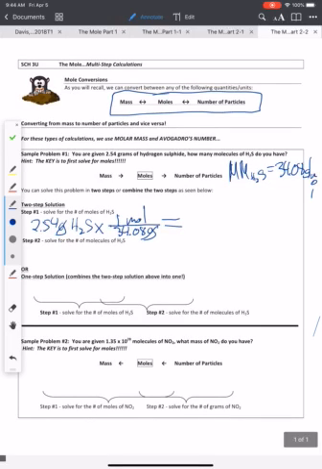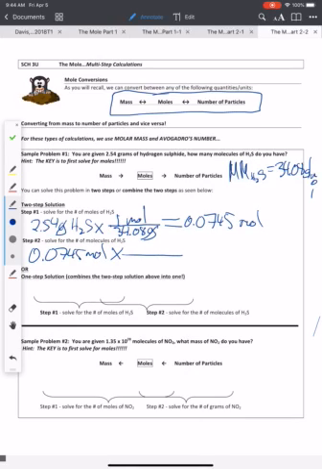Multiplying that out, we get roughly 0.0745 moles. Then we convert that into molecules using Avogadro's number: 6.02 times 10 to the power of 23 molecules over 1 mole. Our mole units cancel, and we get roughly 4.49 times 10 to the power of 22 molecules.